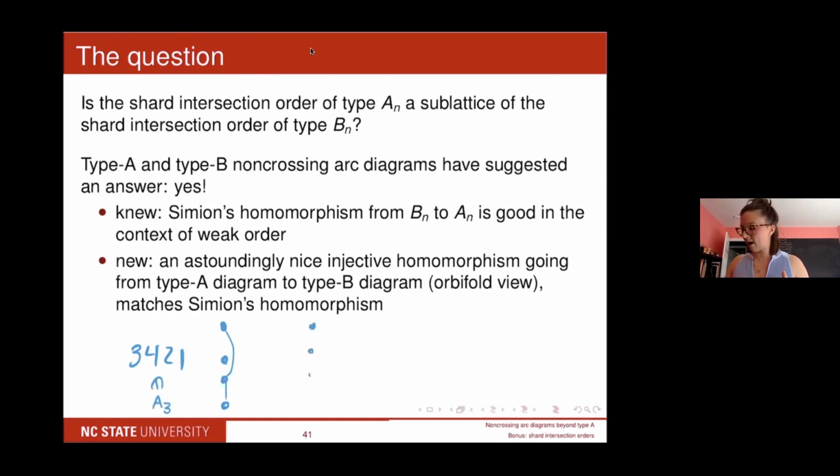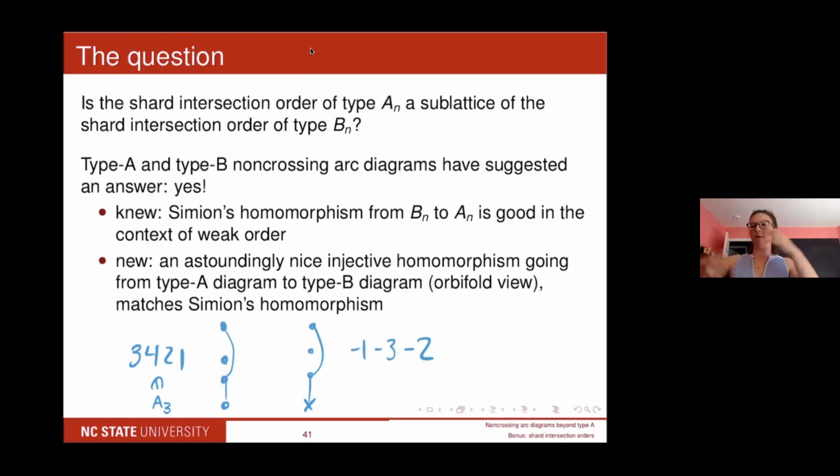If you just turn the bottom dot into an X, that gives us -1, -3, -2, which should be after -2. Yes. It just, wow, it works. And so this homomorphism matches with Simion's homomorphism.